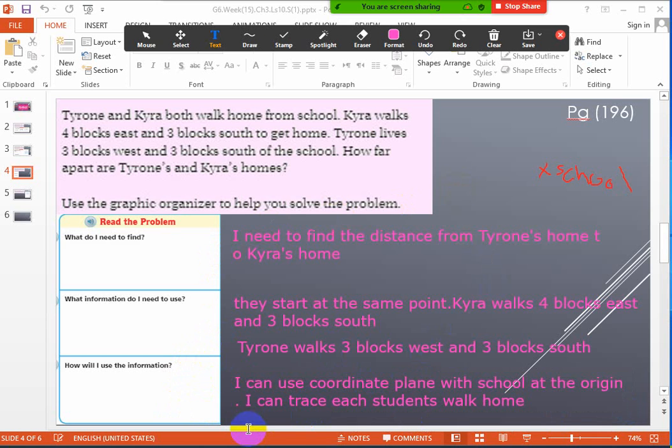So this is the strategy: the coordinate plane, because I have to locate the points for each one and then measure the distance between Tyron and Kyra.